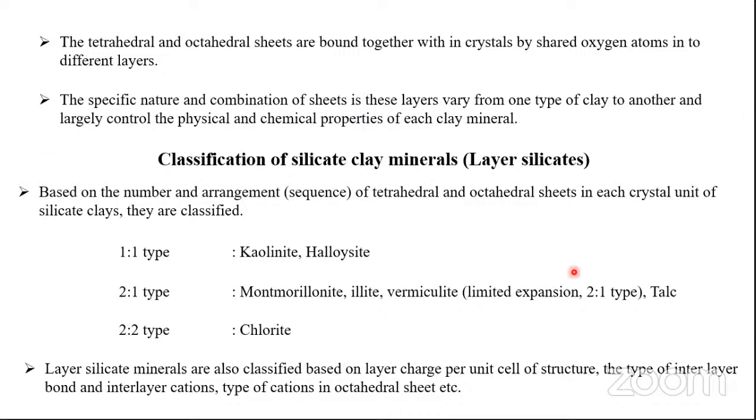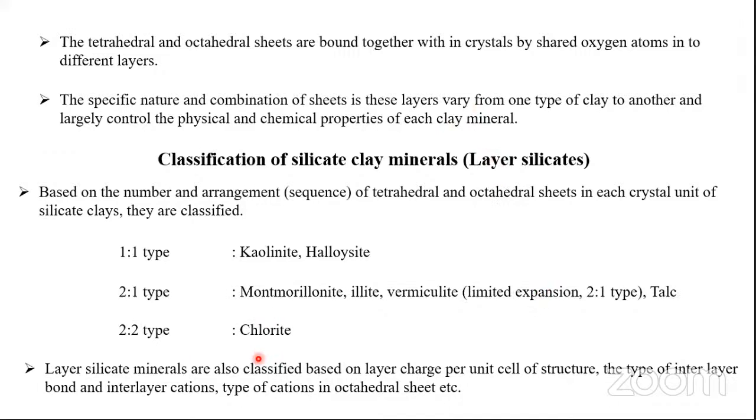Okay, but not exactly like that. In between the interlayers there are also some potassium ions, with the help of water molecules. That is the reason why there is limited expansion in vermiculite. Is it clear, students?